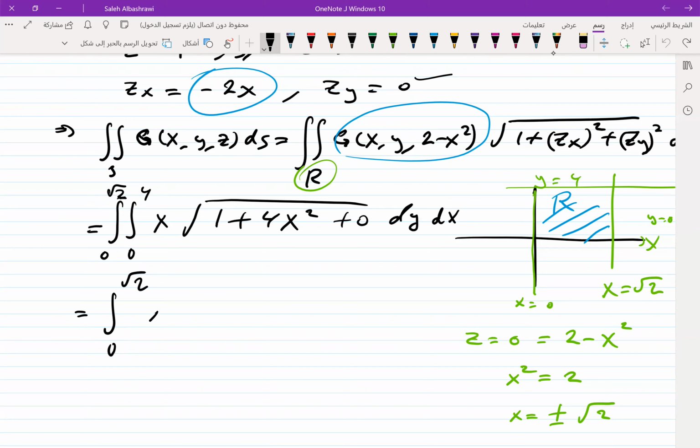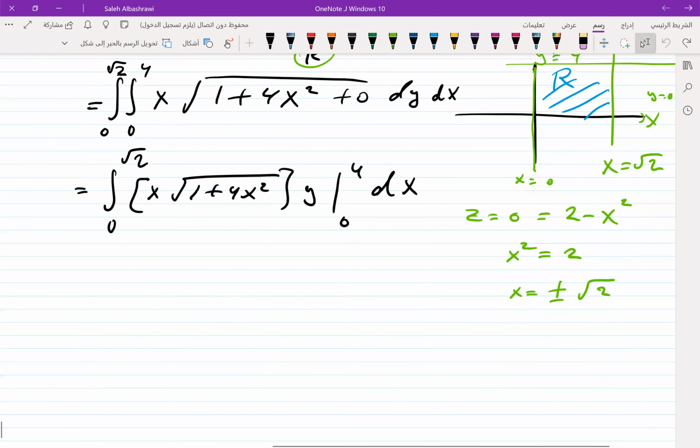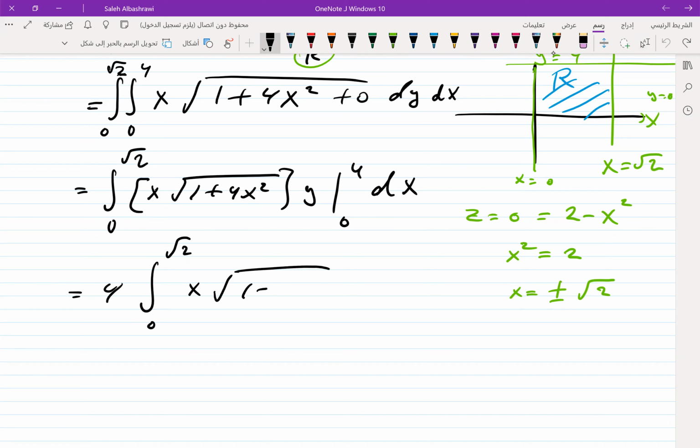So integrating with respect to y, I will have the integral from 0 to square root of 2 of x square root of 1 plus 4x squared multiplied by y between 0 and 4, dx, which is equal to 4, take it outside, the integral from 0 to square root of 2 of x square root of 1 plus 4x squared dx.